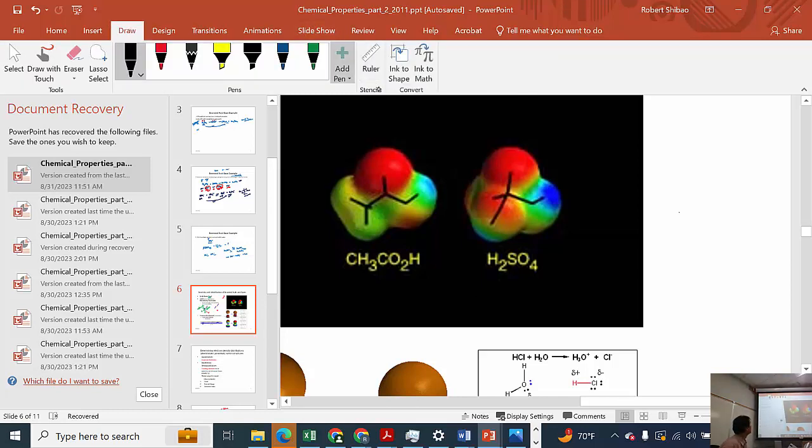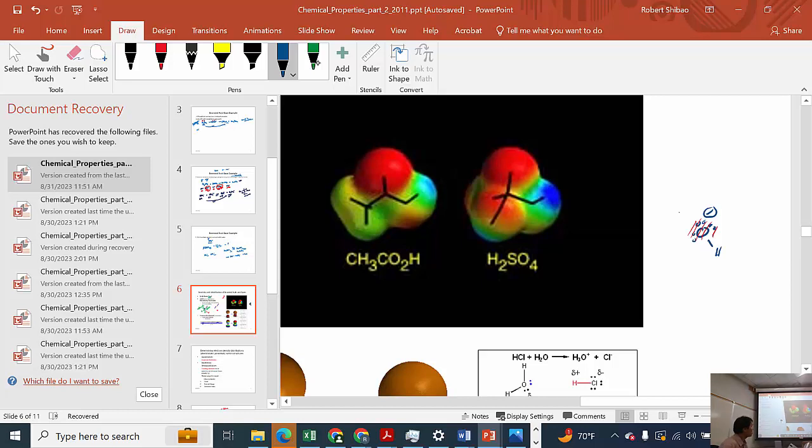You want red, not blue. If you're hydroxide, you're going to be attracted to the blue regions.